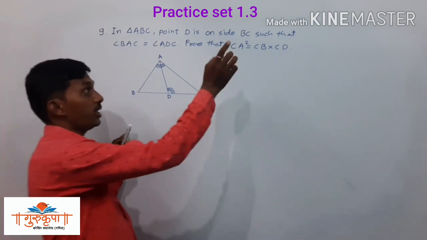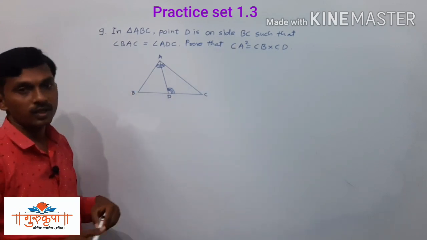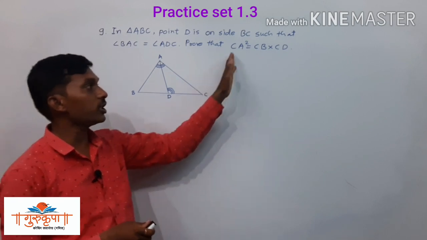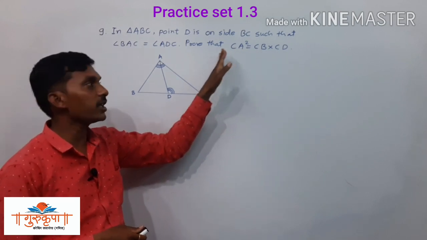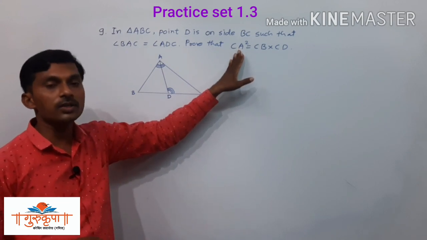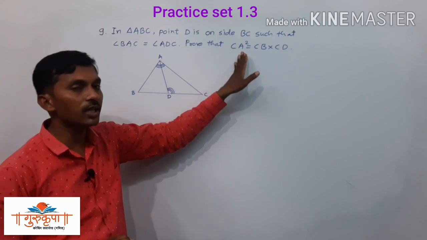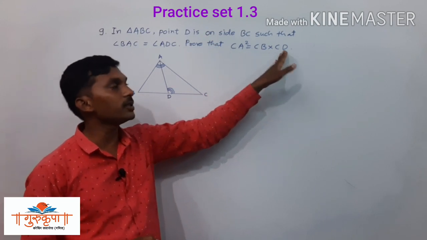Now here also CA square means CA into CA we can write. In the previous example we had 4 segments, 2 segments on the left side and 2 segments on the right side, but here on the left side we now have the square of a segment. So you can represent it as CA into CA, and this is CB into CD.